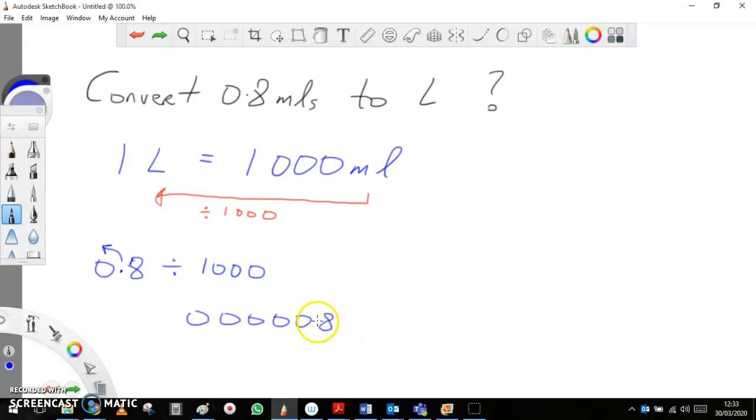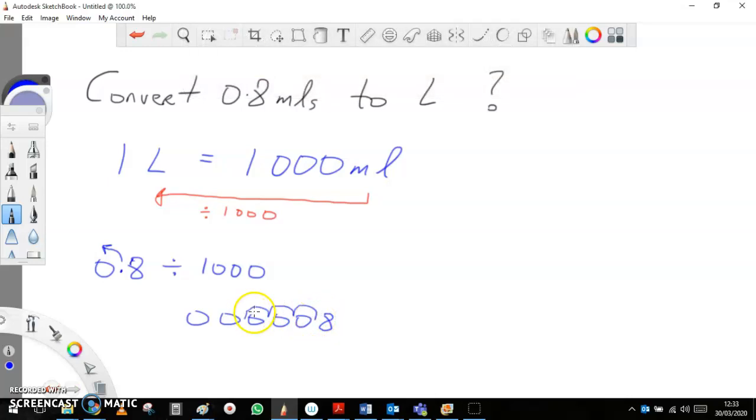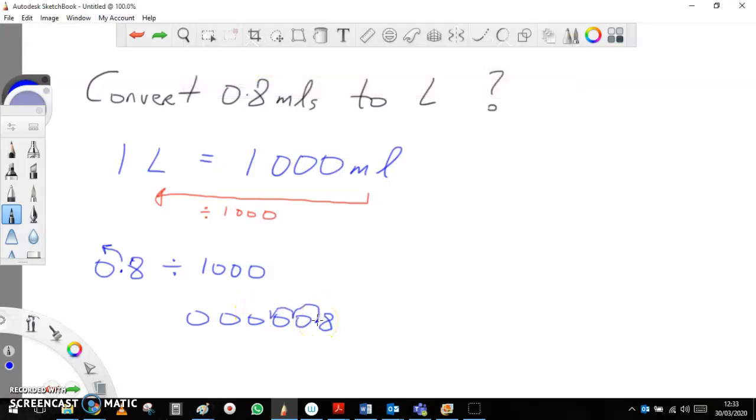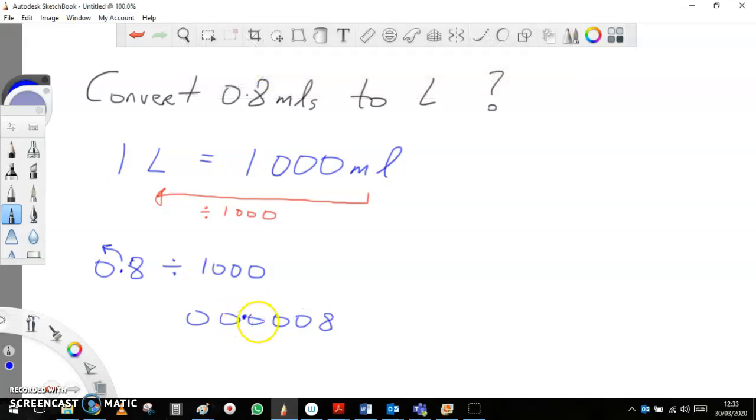Sorry. We started here. Right? So, it's going to be 1, 2, 3. Okay? We started here, 1, 2, 3. So we put in our decimal point there, and we tidy things up. And that's our answer there.